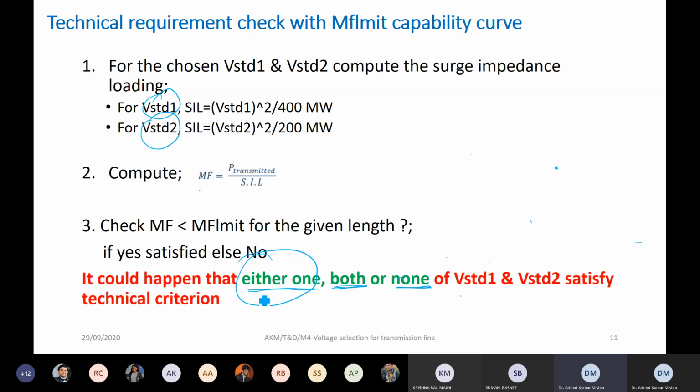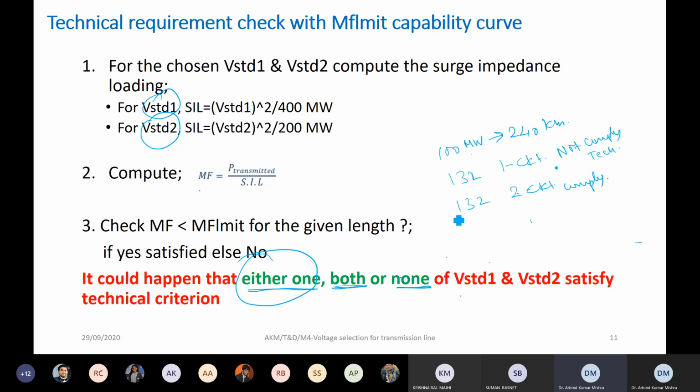For example, in the second case I told you, 100 megawatt for 240 kilometers, we had 132 kV single circuit and 132 kV double circuit, and we found that one does not comply with the technical requirement, and the other complies.